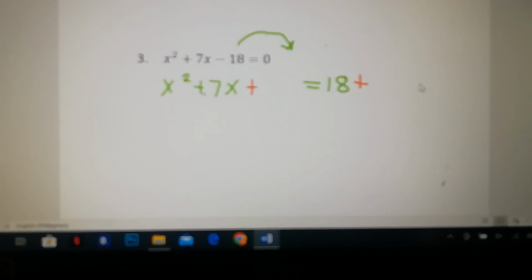Okay, again, get 1/2 of the coefficient of the linear term, which is 7x, so 7. Then, whatever be the result, you square. 1/2 of 7 is 7 over 2.